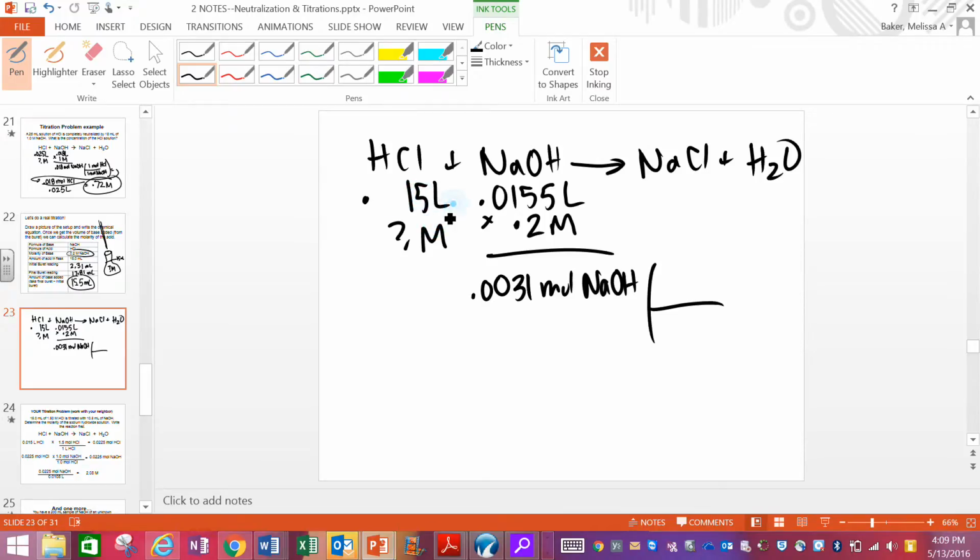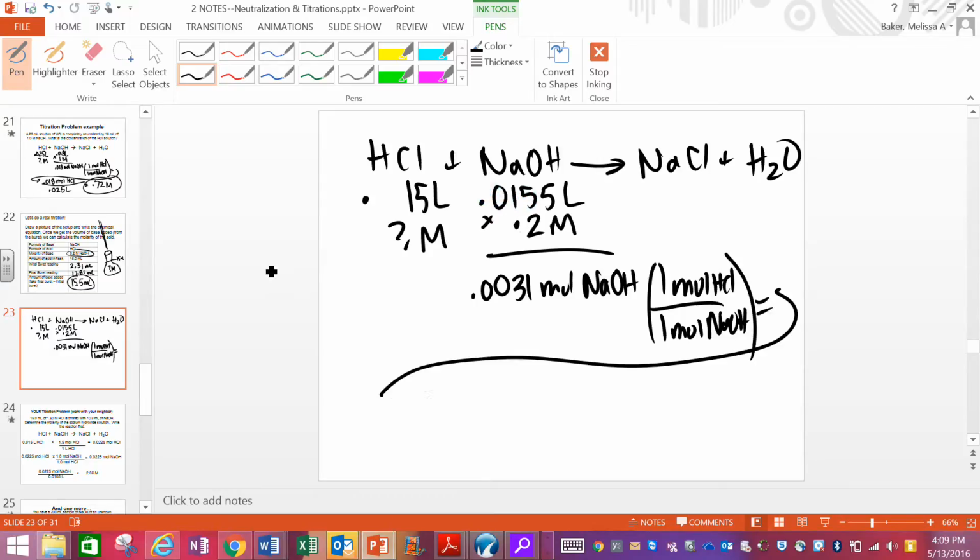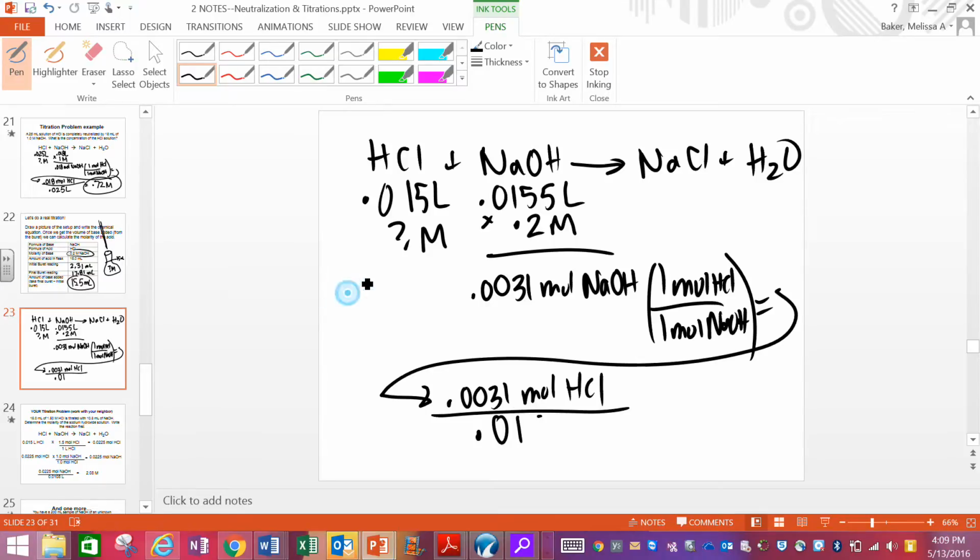It's a 1-to-1 ratio again. For every 1 mole of sodium hydroxide, I know that there's 1 mole of hydrochloric acid molecules in there. So that comes out to be 0.0031 moles of HCl. Originally that was in 0.015 liters of solution.